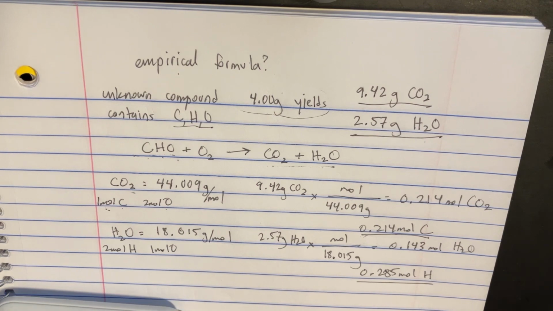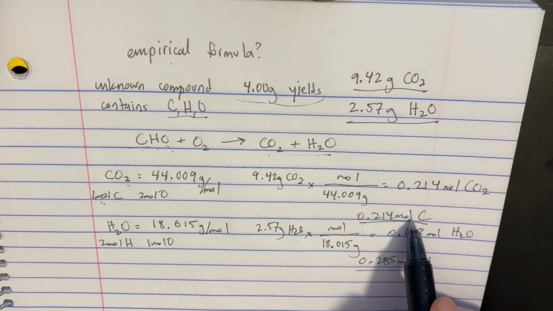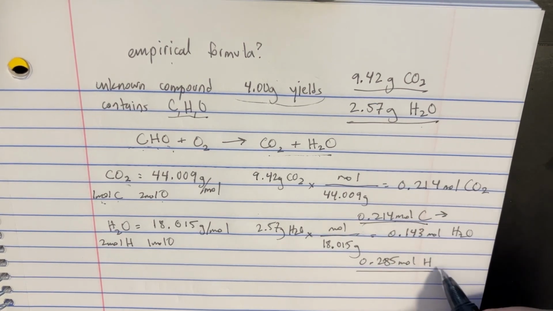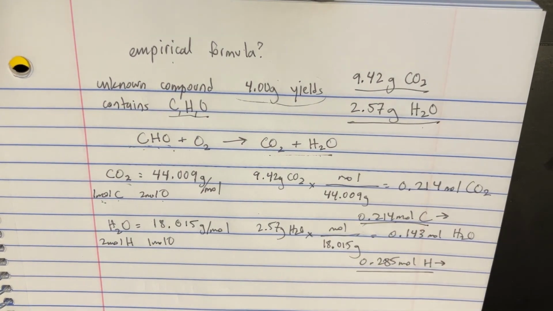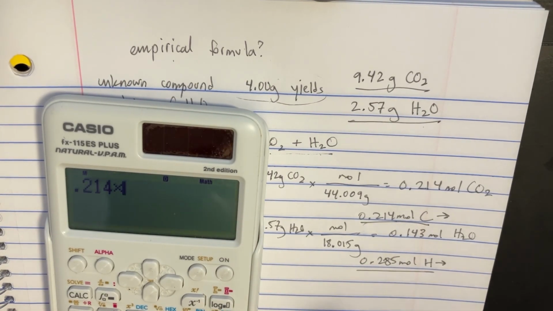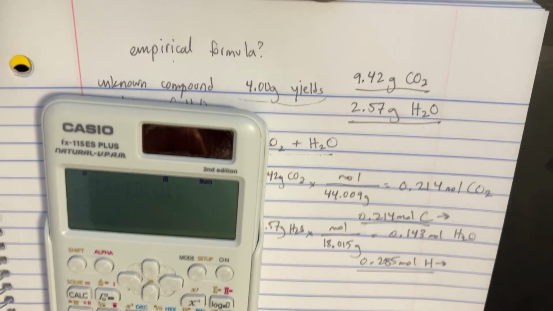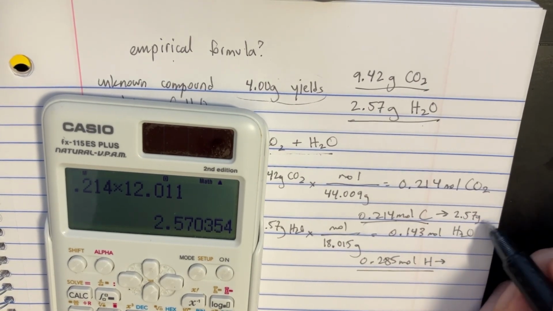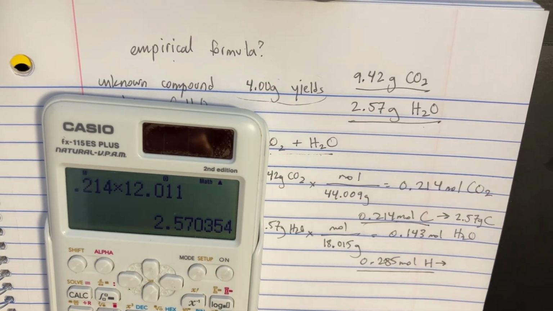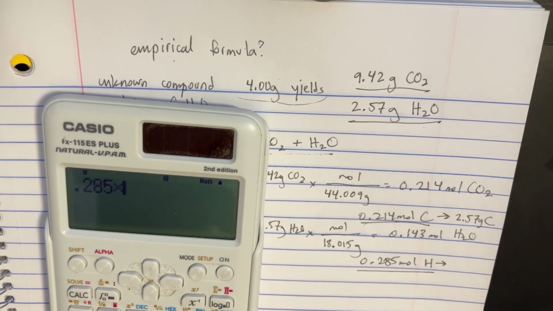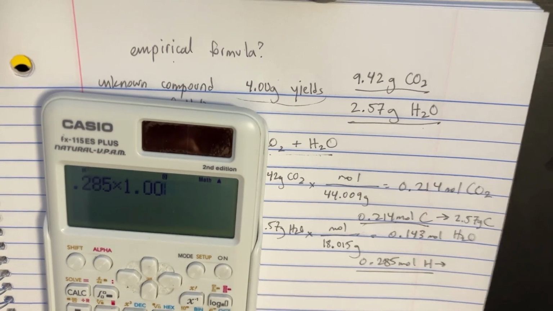Well, that's pretty cool. Now what I did from here is I converted the moles of C and the moles of H back into grams. So let's see how many grams of C that is. We take 0.214 times, the periodic table says that carbon has 12.011. So this would be 2.57 grams of C. And for the H, it would be more like 0.285, something like that, times 1.008.